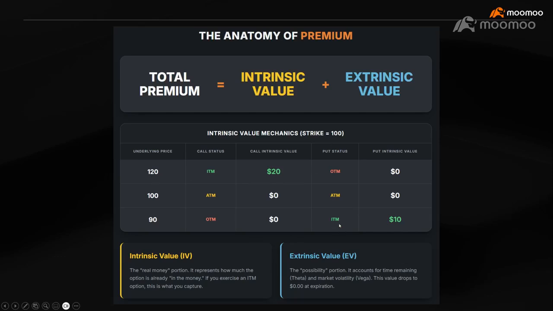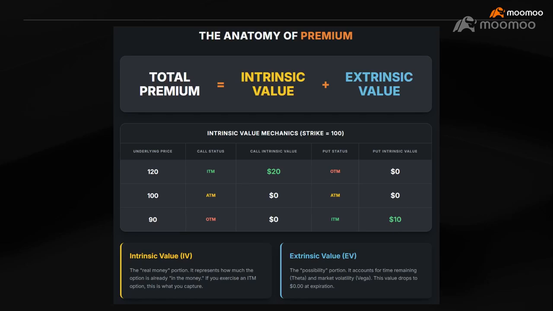But for the put option, if your underlying is trading at $90, your put option is in the money. So how much intrinsic value do you have? $10. Basically the strike price minus your underlying price. It's just on the flip side. You have a $10 intrinsic value.